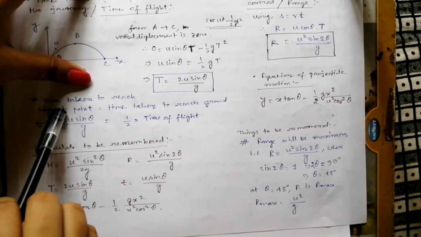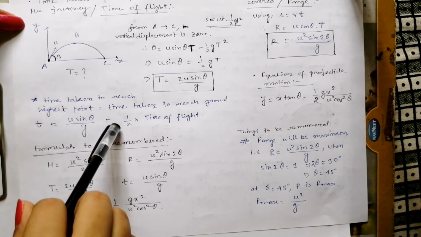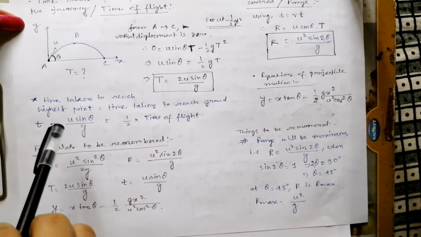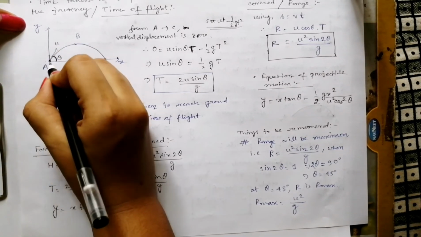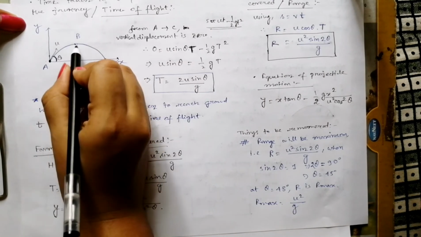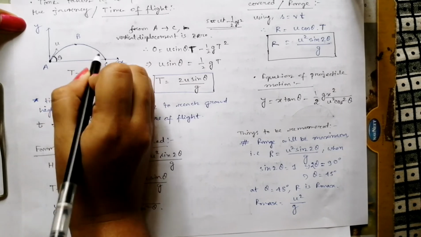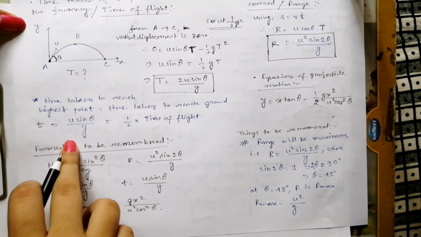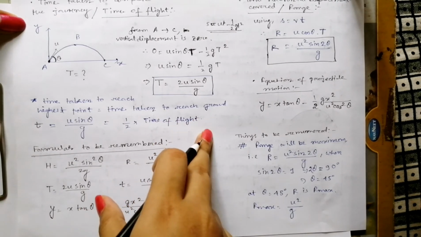That's what I have written here. Time taken to reach the highest point is equal to time to reach the ground, and it is equal to half of the time of flight. That means time to reach this point and time to land on the ground, these two times are equal, and it is equal to u sine theta by g, and this is half of the time of flight.